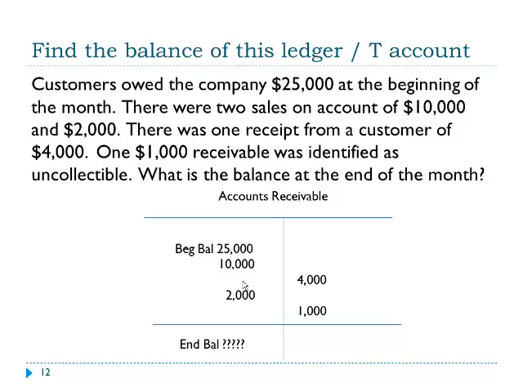Here are the postings from that description of those four events. What is the ending balance? If you need to pause here while you get out your calculator and figure this out, pause this video and then come back and check your answer with me.